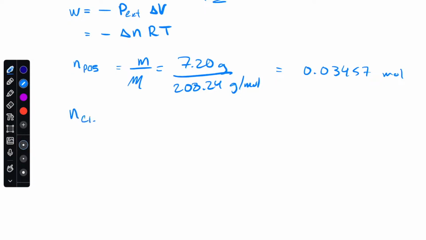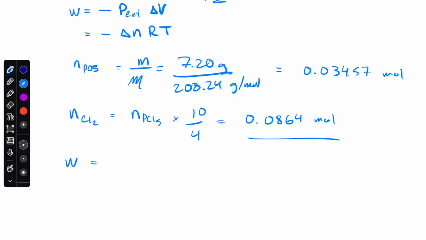So the moles of Cl2 is going to be the moles we started with of PCl5 times the coefficient 10 divided by the coefficient 4, because of the balanced equation coefficients. And that's going to be equal to 0.0864 moles. So that is our delta n. That's the new number of moles of gas that are produced as a result of this reaction.